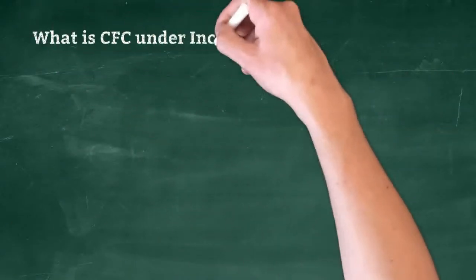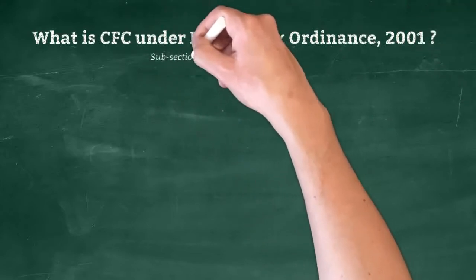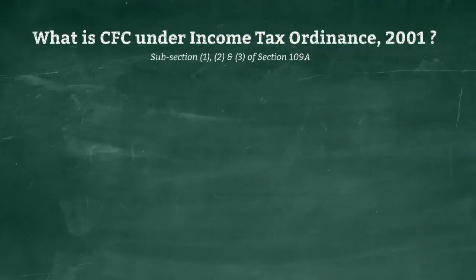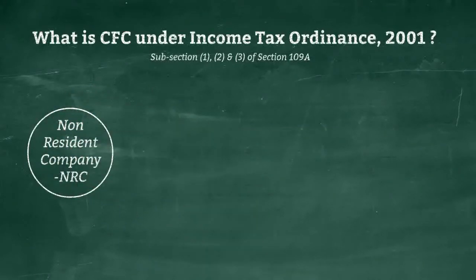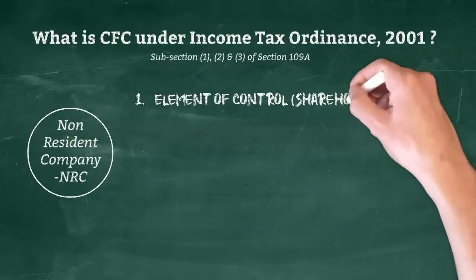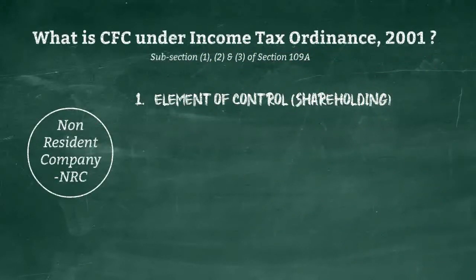Let's first enlighten on the definition of CFC under the Income Tax Ordinance 2001. What constitutes a CFC? A non-resident company incorporated in any other country or jurisdiction is evaluated whether it's a CFC or not. So the first criteria is the element of control, that is, shareholding in that non-resident company by a resident person in Pakistan.